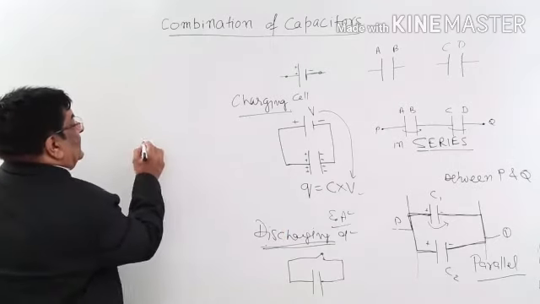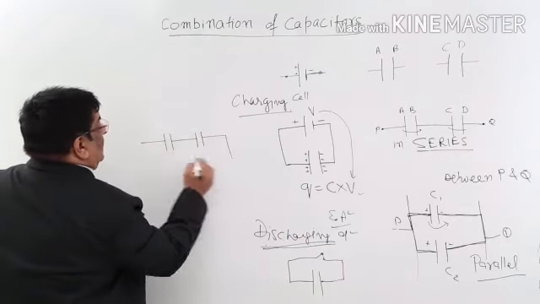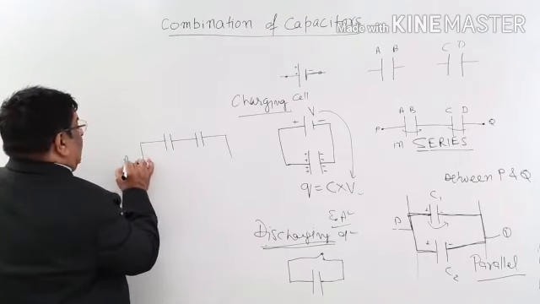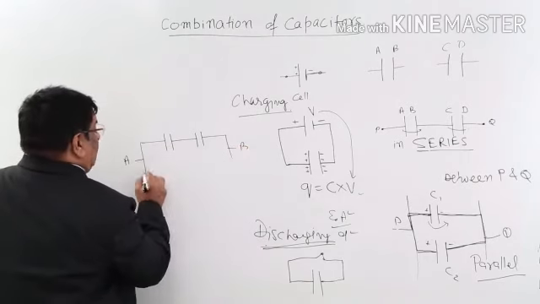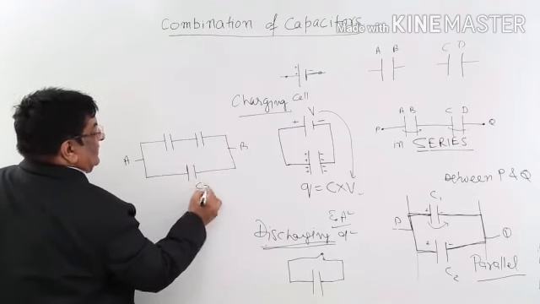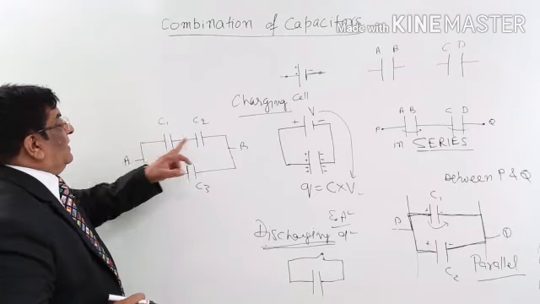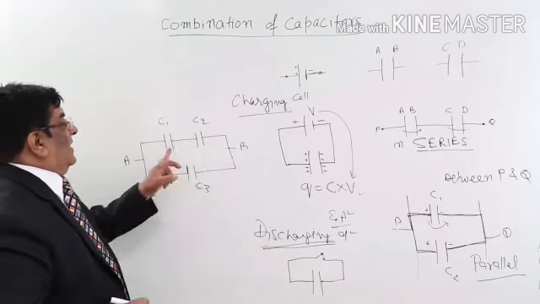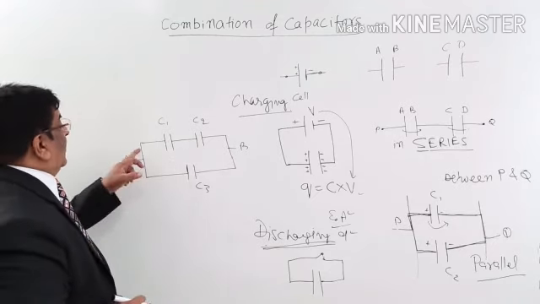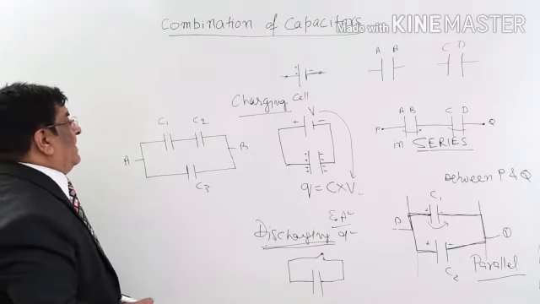Sometimes we make a wider net, and it may be like this. You will say it is series. Now here is point A, here is point B, and this is C3, this is C1, C2. So here C1 and C2 between A and B are in series, but C3 is not in series because when we go from A to B, it does not come in the way.